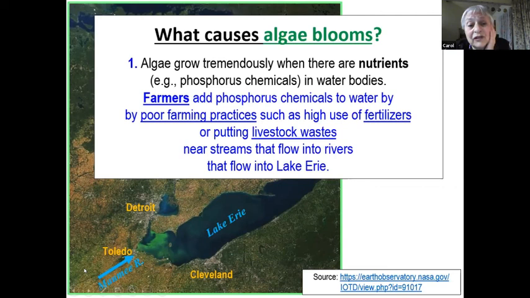And when water runs off their fields into streams that flow into the Maumee River, and the Maumee River flows into Lake Erie, if they've used too much fertilizer, or if their cattle are too close to the streams that flow into the river, that flow into Lake Erie, we can get algae blooms in Lake Erie.